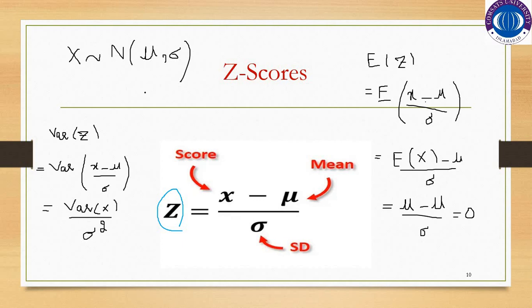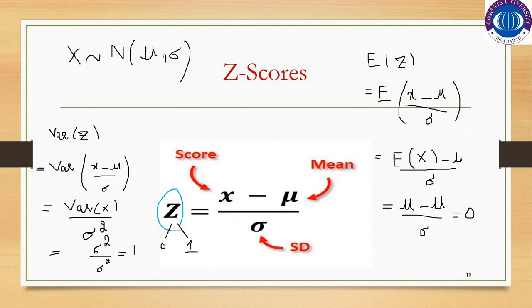Now, x follows the normal distribution with mean mu and variance sigma square, so the variance of x is sigma square, and we get sigma square over sigma square, which equals 1. So this random variable has mean 0 and variance, or standard deviation, 1.